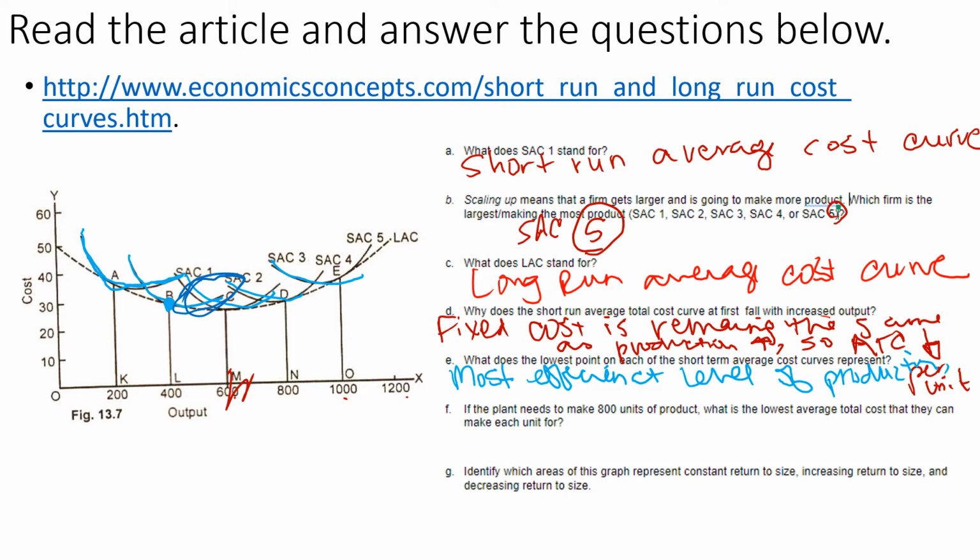Letter F, if a plant needs to make 800 units of product, what is the lowest average total cost they can make each unit for? Okay, so we need to imagine that these cost curves actually continue to go out.